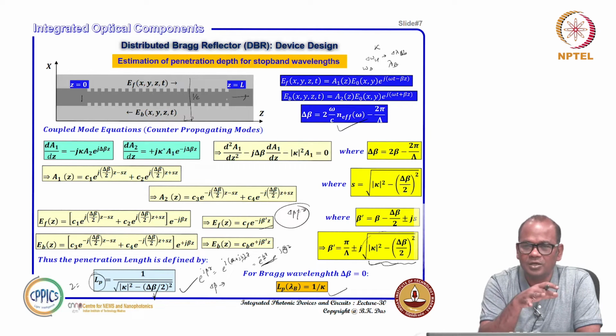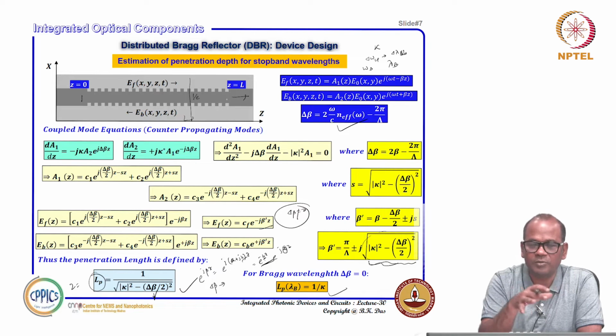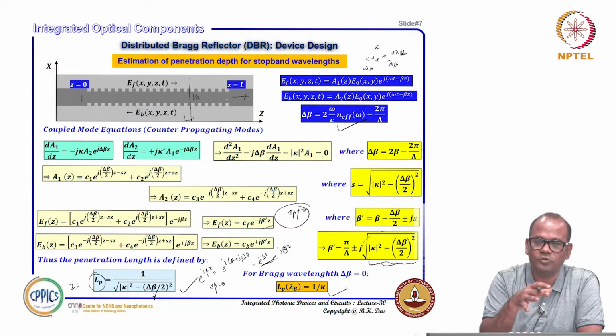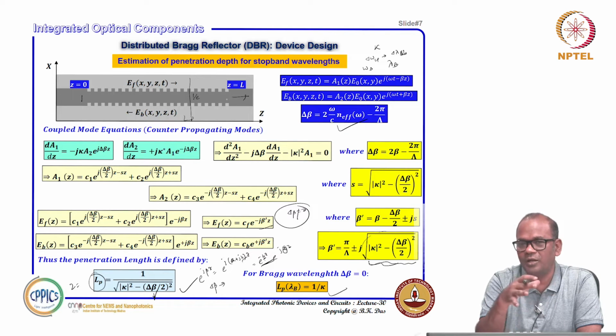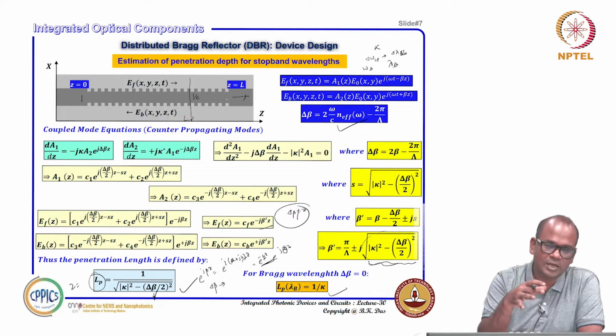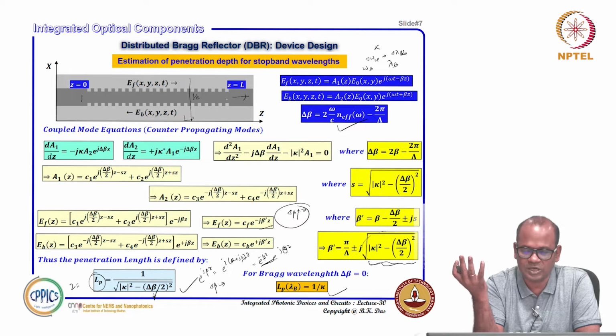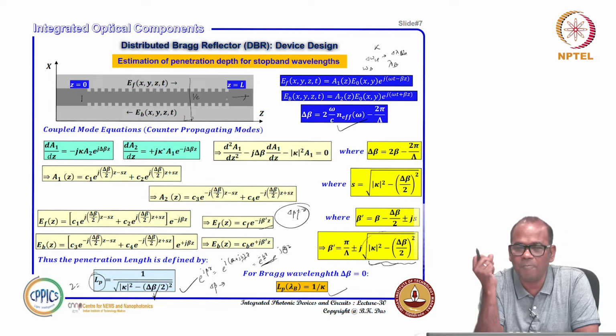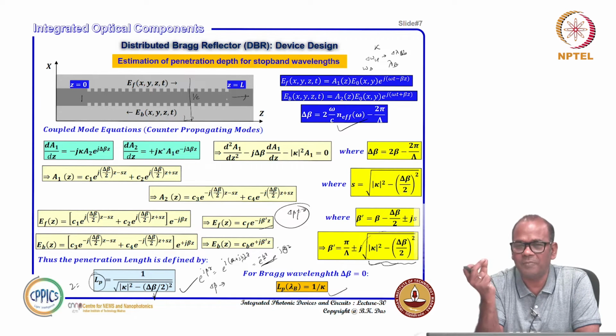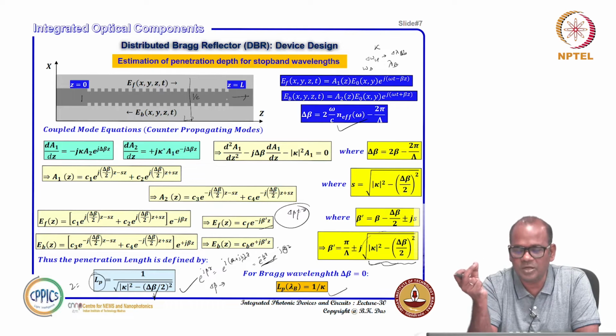So far we have learned waveguide theory and evaluated guiding modes, which are based on total internal reflection. Now we will come to a new type of waveguide structure based on the stop band, meaning a certain band will not be allowed because of the periodicity.